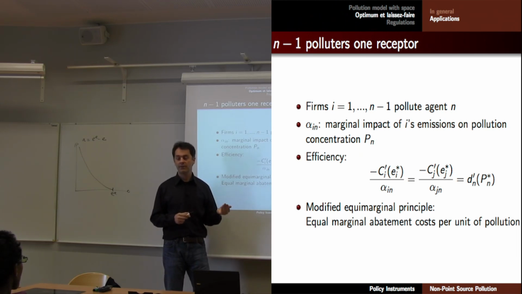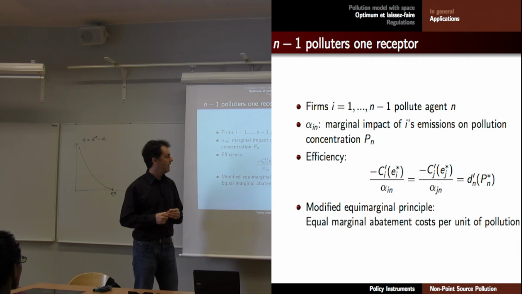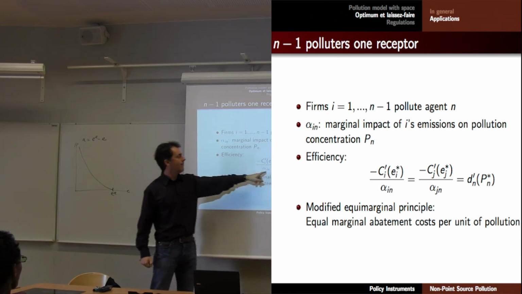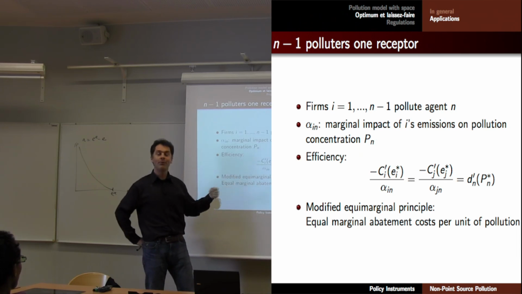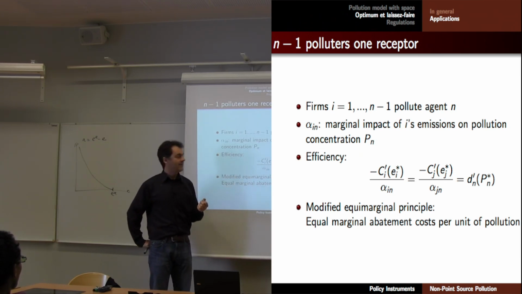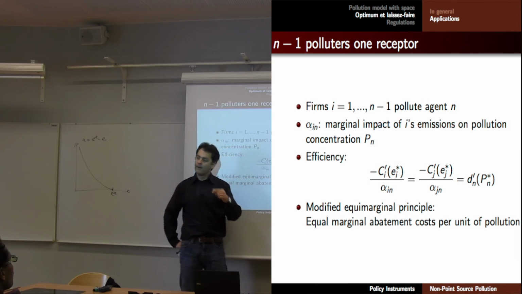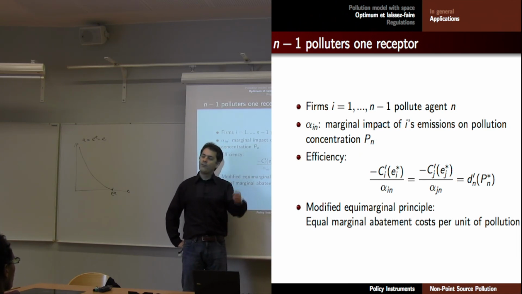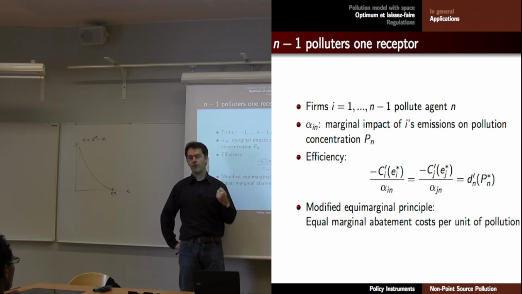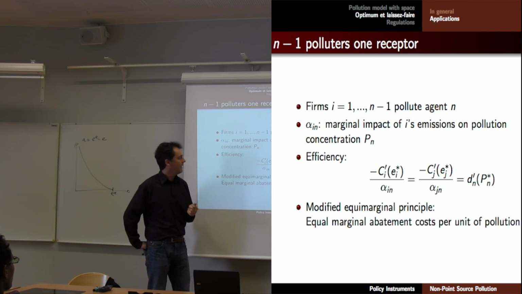So the implication of this equimarginal principle is to have the same tax for all polluters, expressed in terms of pollution. But now the problem is that pollution diffusion also matters. So the equimarginal principle should hold for pollution concentration: the abatement cost of reducing pollution concentration should be the same for all sources of pollution, all farmers or firms.